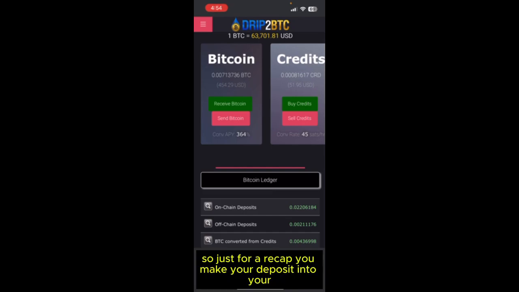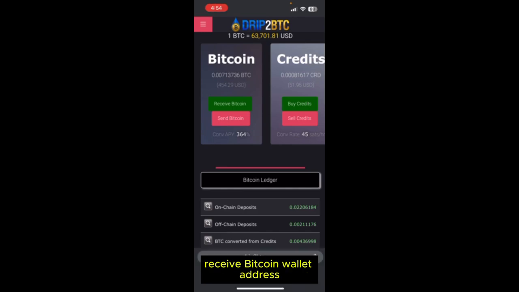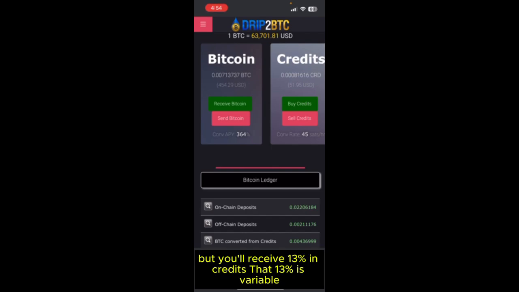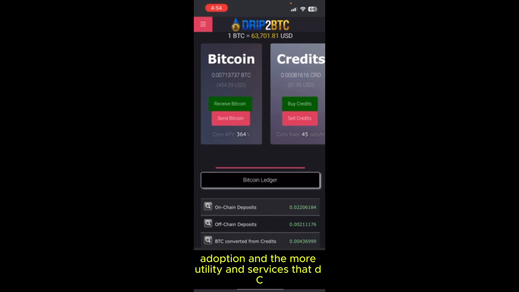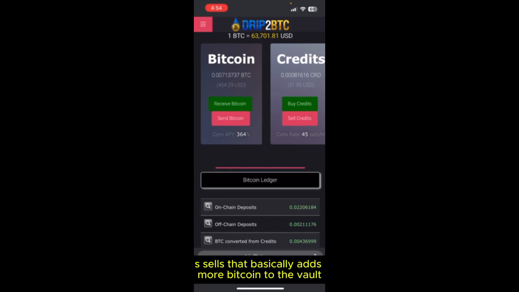So just for recap, you make your deposit into your received Bitcoin wallet address using the BECH32. You'll get taxed 10%. 10% of that will go to the vault, but you'll receive 13% in credits. That 13% is variable. So the more adoption and the more utility and services that DCS sells, that basically adds more Bitcoin to the vault, that will increase that deposit rate.